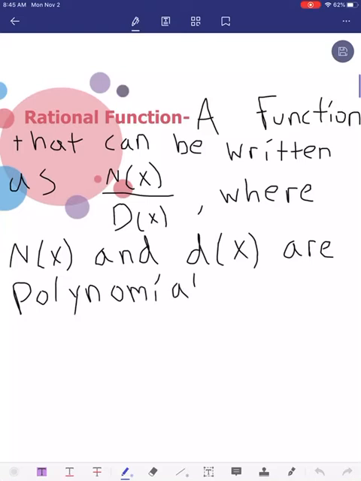And we've talked quite a bit about polynomials and what our polynomials look like and all of those sorts of things. And so now basically we're looking at two polynomials that are being divided by each other.